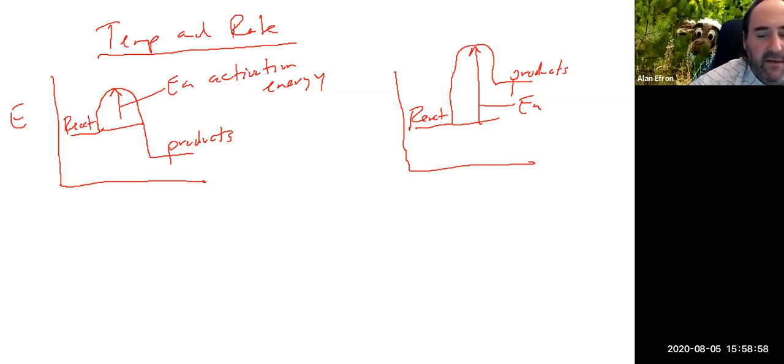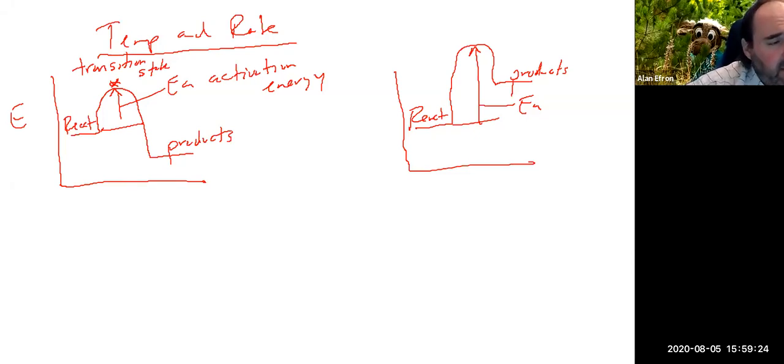When you get to the very, very top of the hill, that is our transition state. And that's usually where you have that transition state complex or that activated complex. And that is something that has sort of partially broken bonds, partially made bonds, and something that's very, very high in energy, which means it's not very stable.